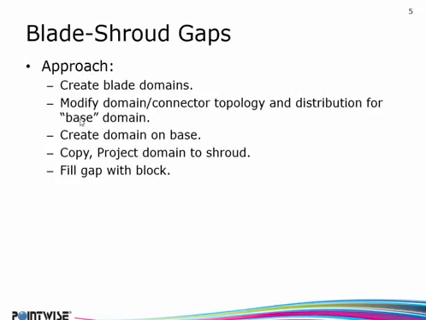After that, we'll create the domain on the base in the gap region, and then simply take that domain and project it across the gap to the shroud, and then fill in the rest of the topology. We may see a few interesting things along the way, and I'll show you some of the things that may come up and the simple steps that you can take to get past those.